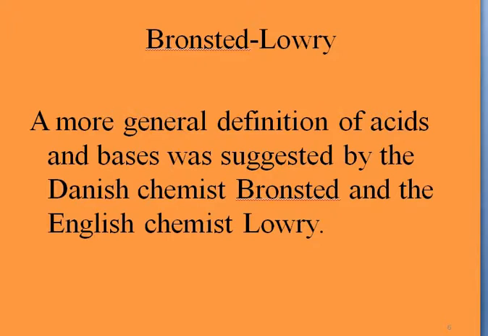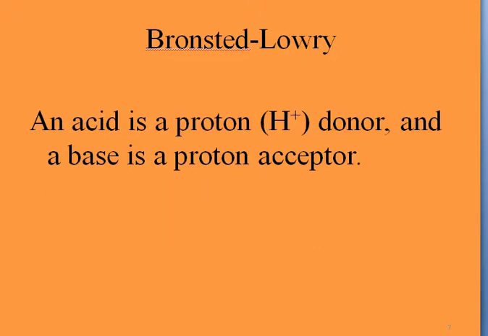A more general definition of acids and bases was suggested by the Danish chemist Bronsted and the English chemist Lowry, and they said an acid is the proton donor, the H+ donor, and a base is the proton acceptor.